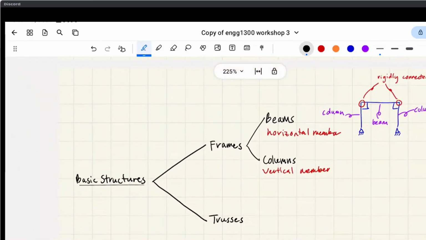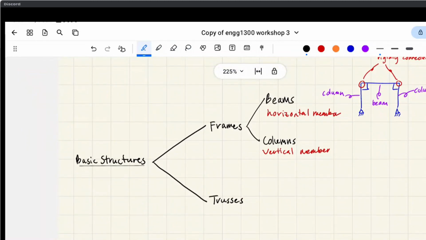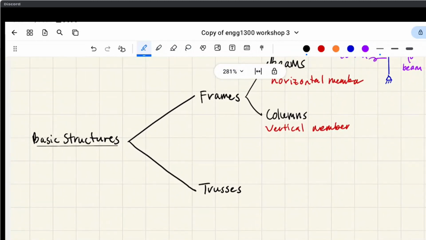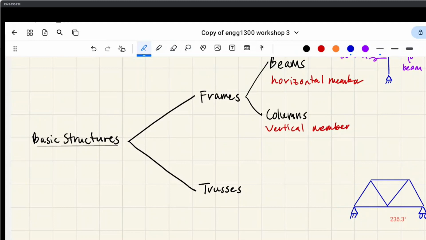In contrast to this, trusses look kind of like this. I'll do a drawing first. Back when I did this course, I didn't really understand what made a truss. I just thought whenever there's a bunch of triangles, it'd be a truss.